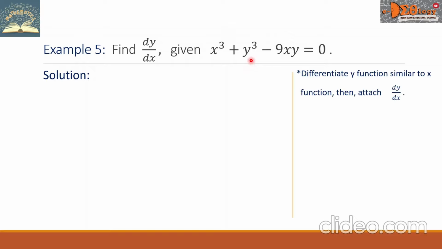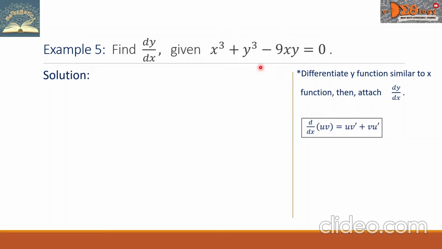In that case, we're going to differentiate the y function similar to x function, then attach dy over dx. While the third term, we have this negative 9 coefficient times the product of the functions x and y respectively. In this case, we're going to use the product rule later.